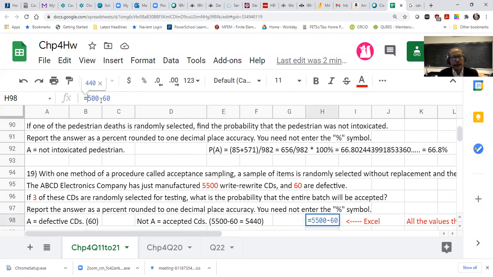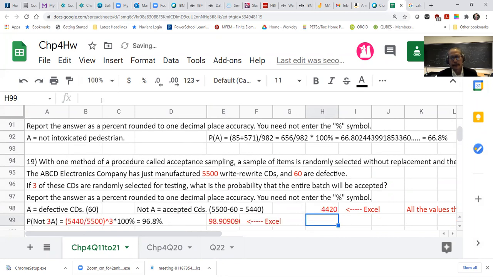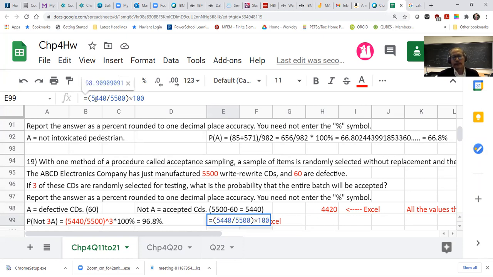So all of the CDs is this, right? And then subtract 80. And how many CDs do you have here? 5, right? So this one will be 4,420 divided by 4,500 and then multiply by 100%.